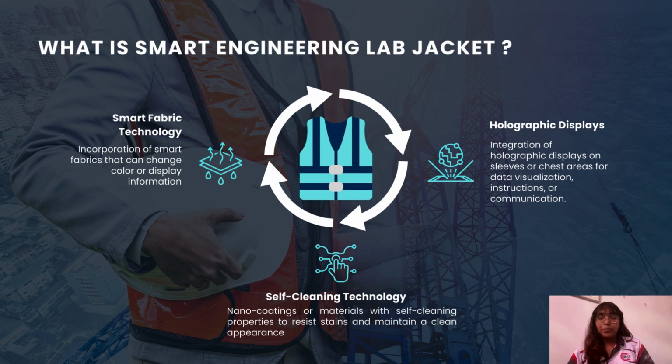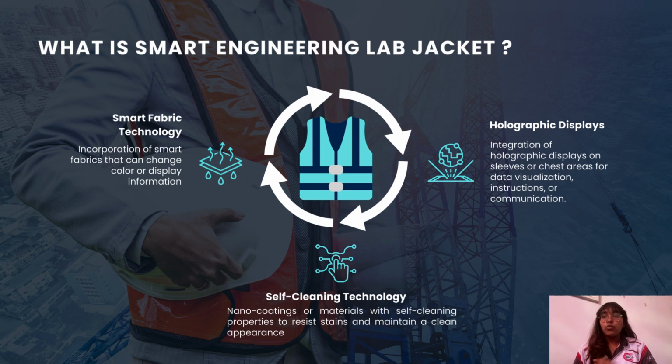Secondly, self-cleaning technology has nano coatings or materials with self-cleaning properties, which resist stains and maintain a clean appearance. The jacket would stay clean and not be spoiled in a short time, so that you don't have to get a new lab jacket for further usage.